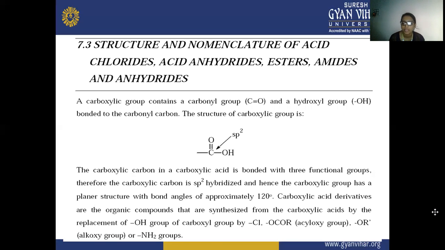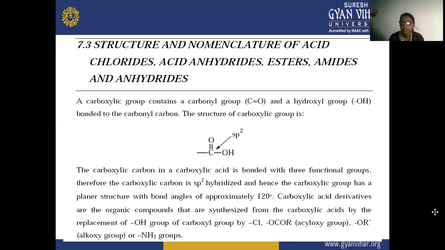The C has sp2 hybridization, because you can see that C has 1, 2, 3 bonds. So this carbon is sp2 hybridized. The carboxyl carbon in a carboxylic acid is bonded with three groups. Therefore, the carboxyl carbon is sp2 hybridized.